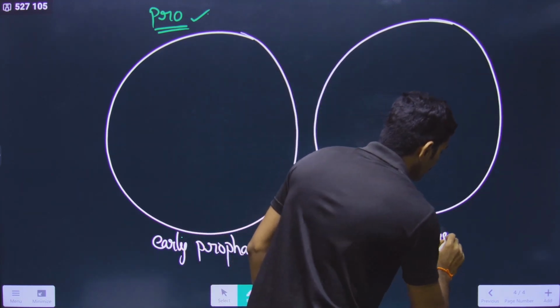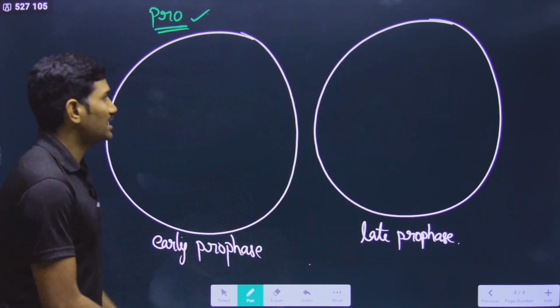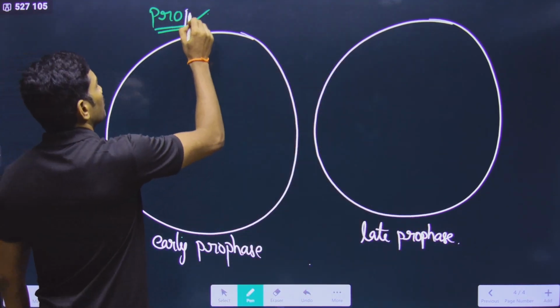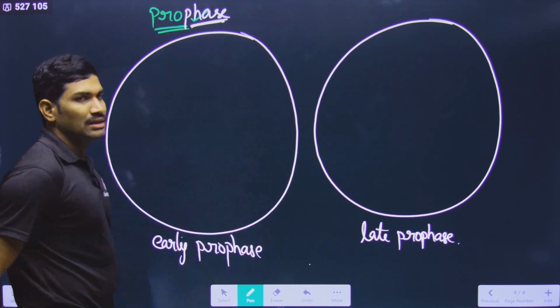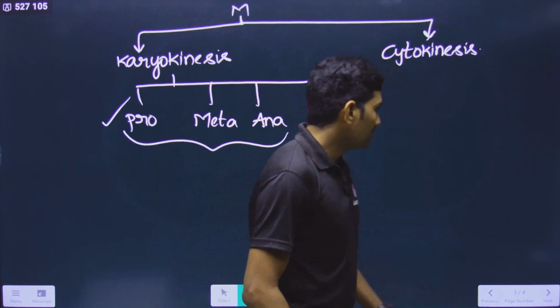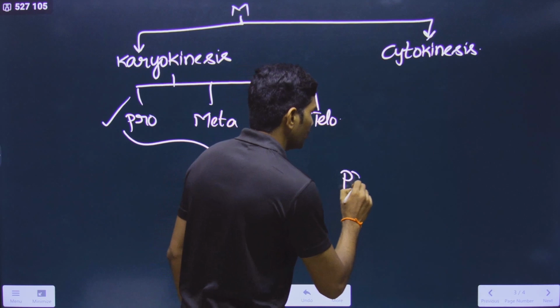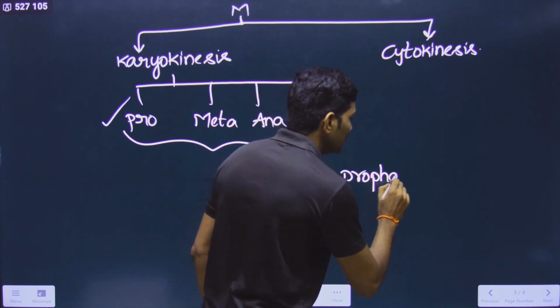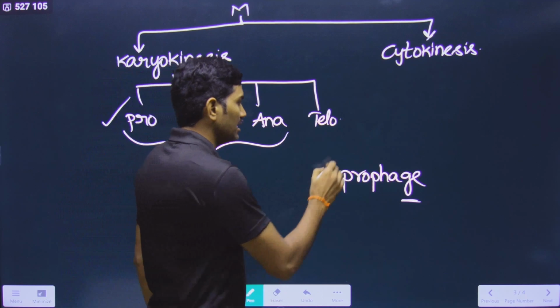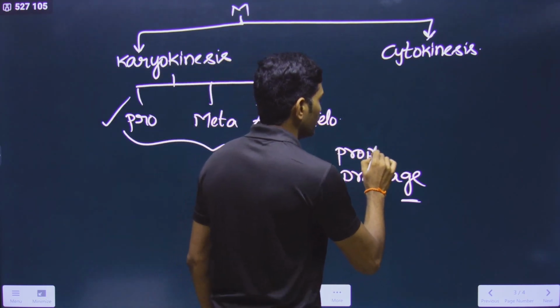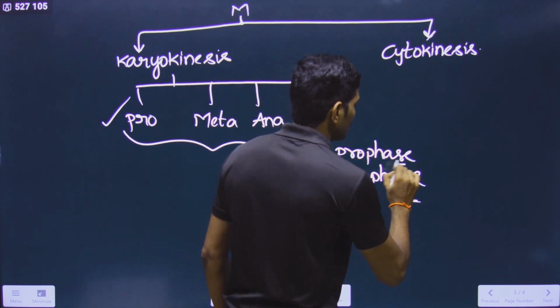Okay. But please remember, before we start with this, you need to know the spelling of this prophase, P-H-A-S-E, phase, prophase. There is a word that is prophage, P-R-O-P-H-A-G-E, prophage. Now what we are saying? Prophase, P-R-O-P-H-A-S-E, prophase.